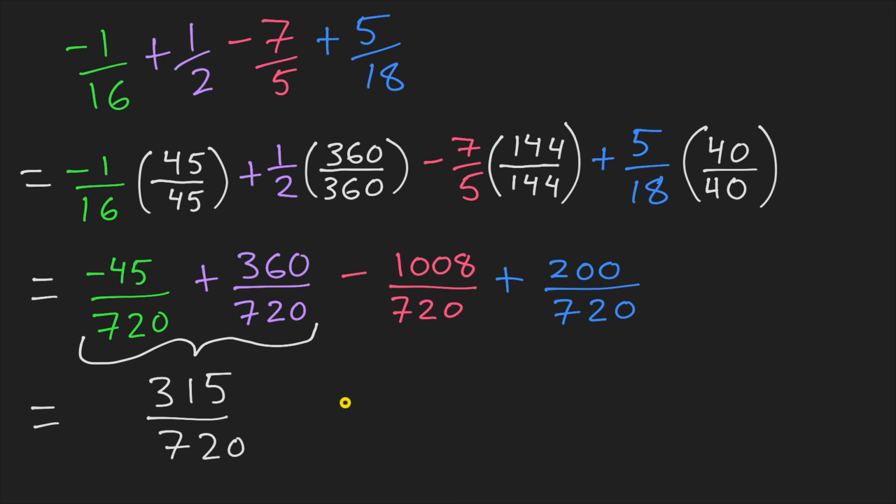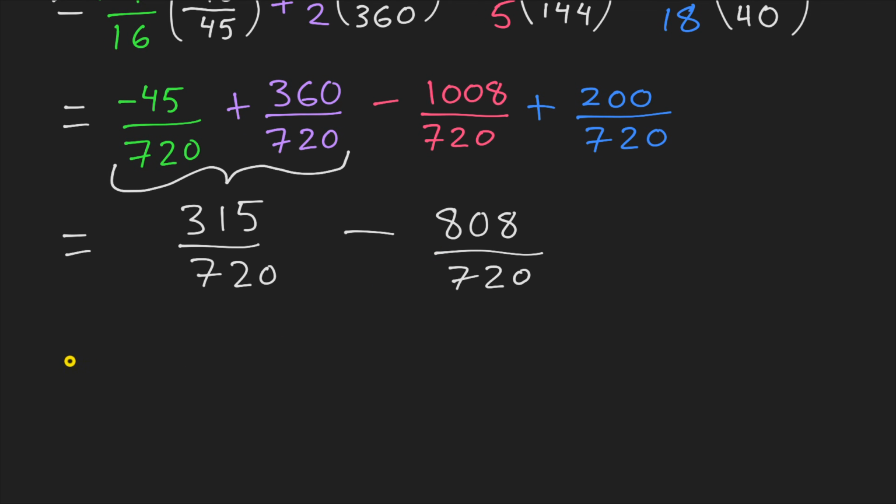And from this, you're going to subtract 1008. So negative 1008 plus 200 is just going to be equal to negative 808 over 720.